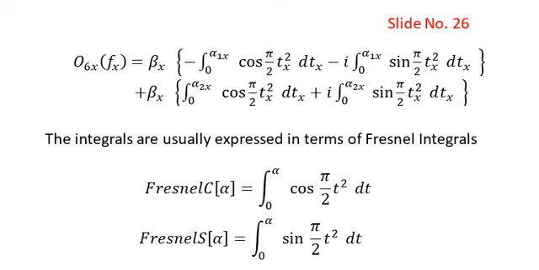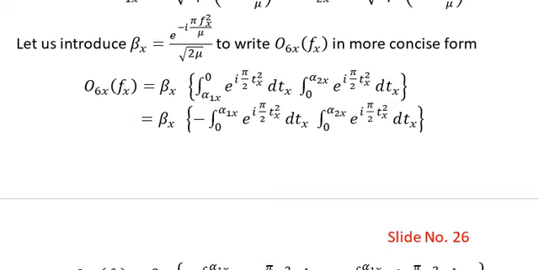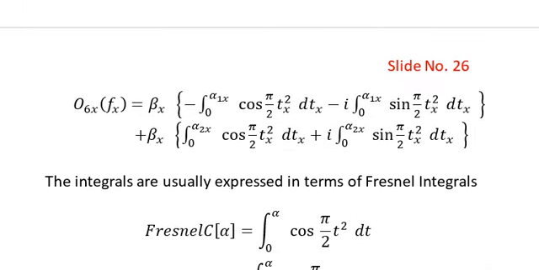Okay, now we can expand these exponential functions as cos of something plus iota times sine of something. Each of these exponential factors can be expanded as cos of pi by 2 tx square plus iota sine of pi by 2 tx square. This is what we have demonstrated for each of the integrals.